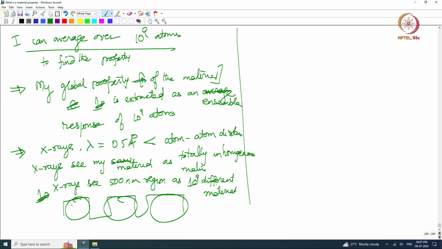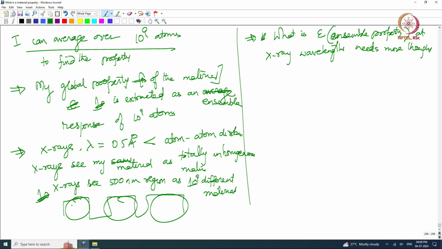So they see every individual atom. As a result, extracting what is epsilon, which is a global property, an ensemble property, at X-ray wavelengths needs more thought. You cannot just ensemble average this inhomogeneous material.